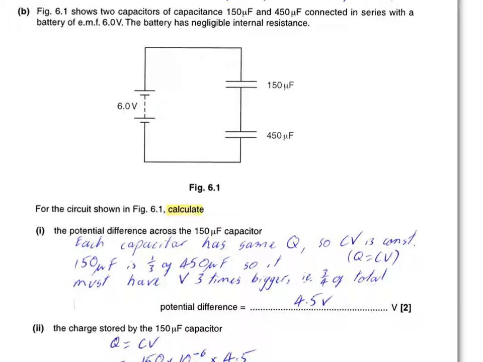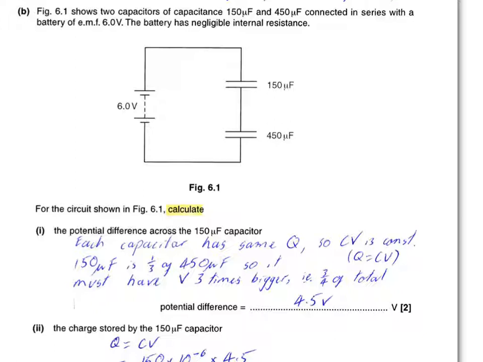So if this has got to have 3 times the PD of that one, that's got to have 3/4 of the PD, that's got to have 1/4 of the PD. They've got to add up to the 6 volts, so that's got to have 3/4 of the 6 volts, 4.5 volts. You might want to just rewind that and listen to that logic, because it's not straightforward, but we do get 4.5 volts on the 150 microfarad capacitor.